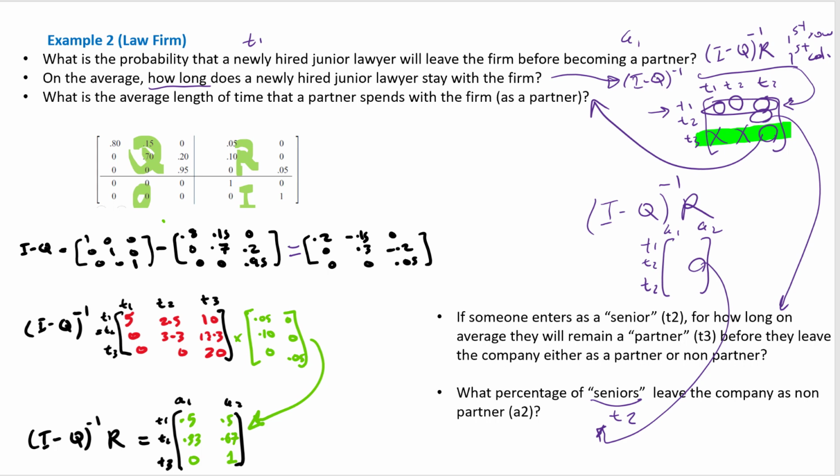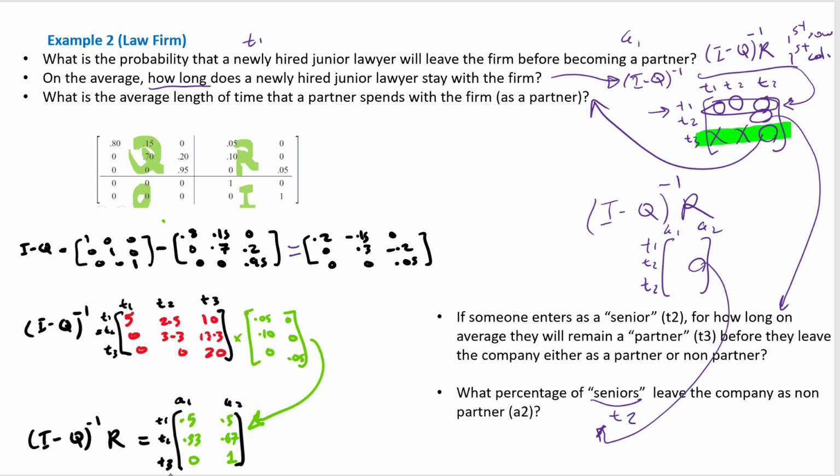What's the probability that a newly hired junior will leave the firm before becoming a partner? T1 to A1, which is 0.5. 50% of juniors leave as a partner, and 50% of them leave the company before they become a partner. But eventually everyone, junior, senior, and partner, all of them will leave the company.